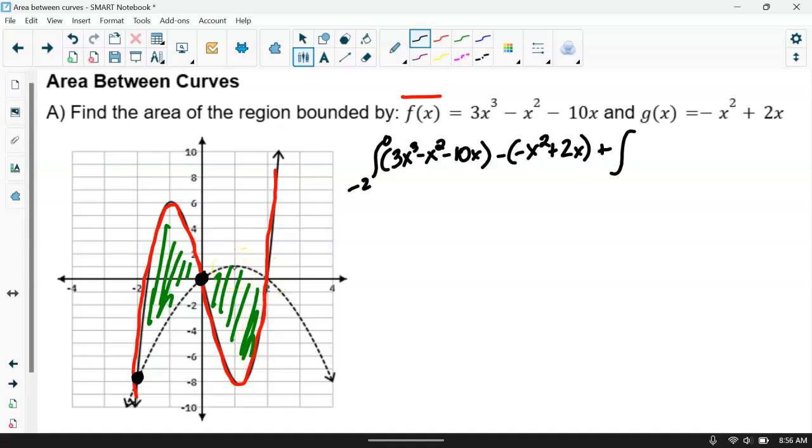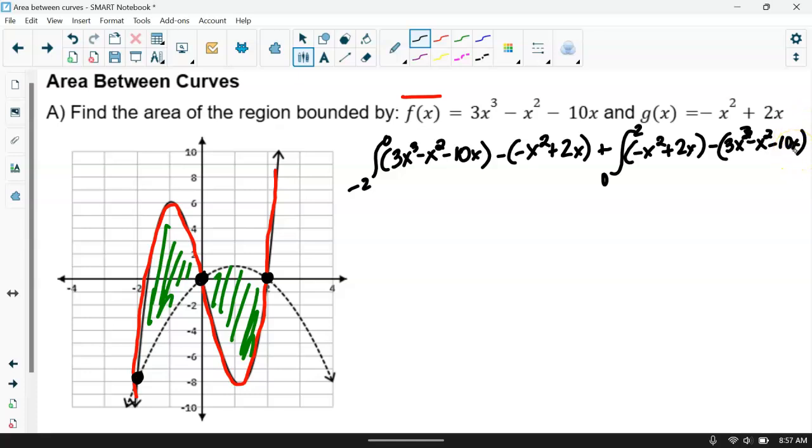G of x is now what's up top from 0 to 2. So g of x, -x squared plus 2x, minus our f of x, which is 3x cubed minus x squared minus 10x.